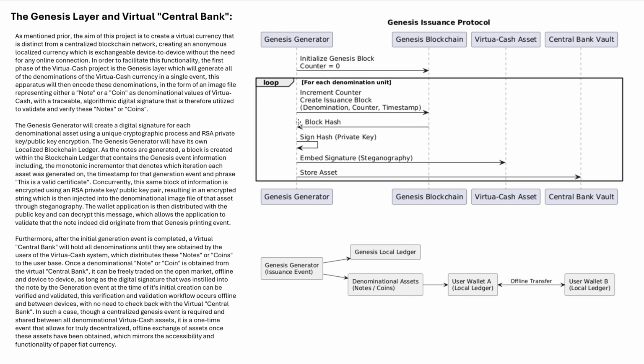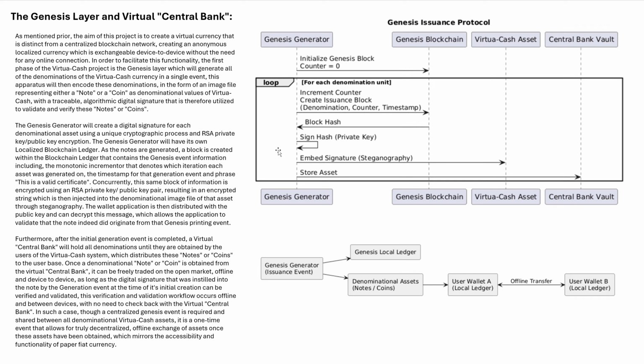We then take this hash of the block and we encrypt it with the private key, and we embed that encrypted signature now steganographically into the asset. And then we take this asset and we're just going to store it on the internet in a central bank vault until it is obtained.